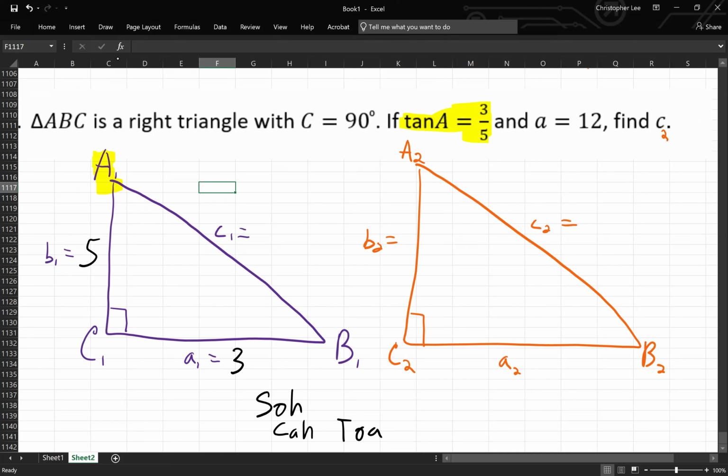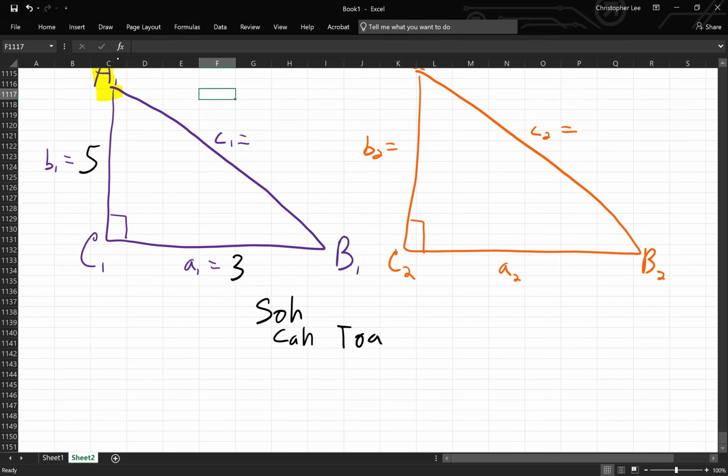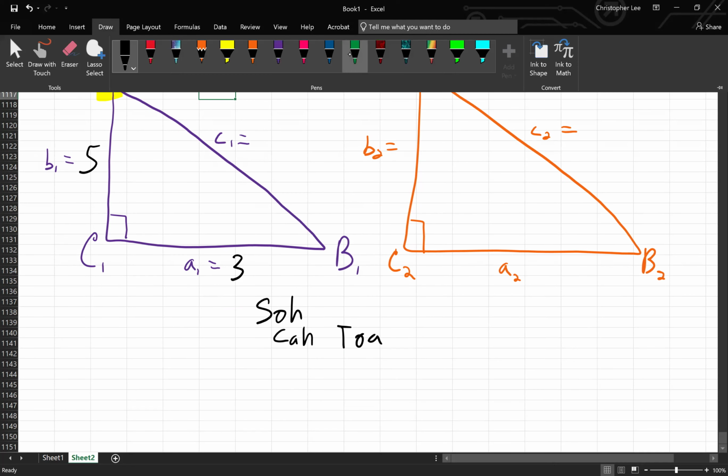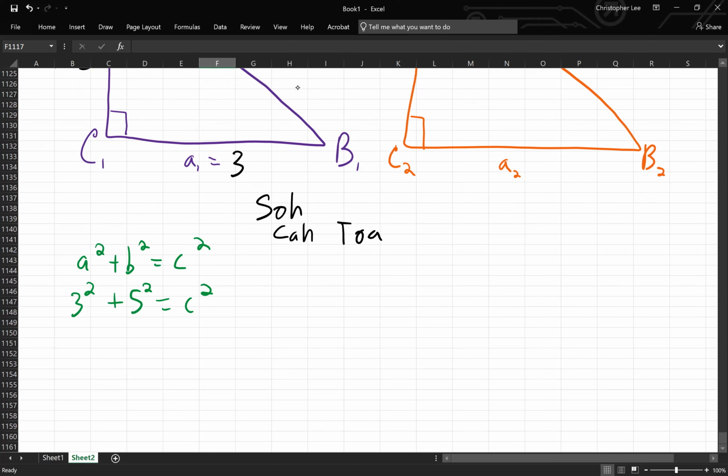I don't have that leg C1. How can I find that? Pythagorean theorem. Very good. So I have A squared plus B squared equals C squared. In this case, 3 squared plus 5 squared equals C squared. 9 plus 25 equals C squared, that's 34.